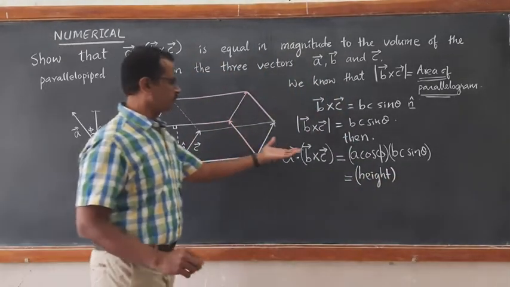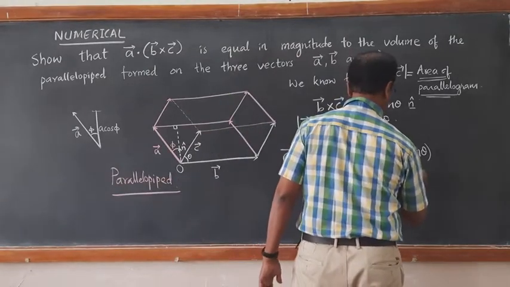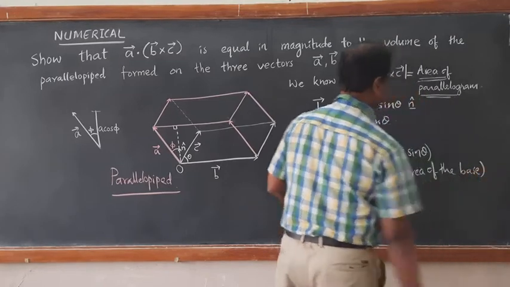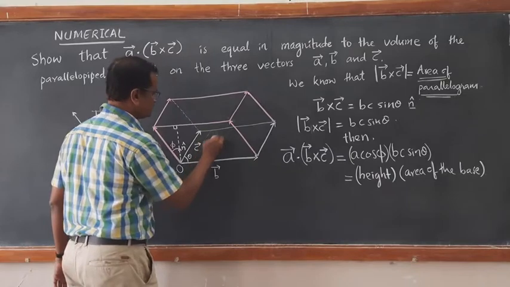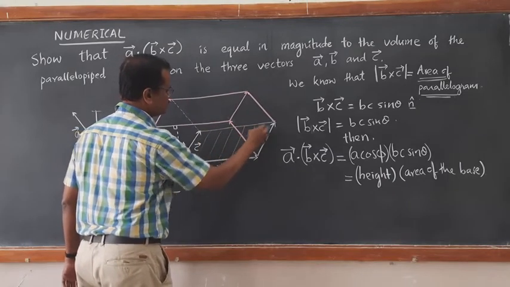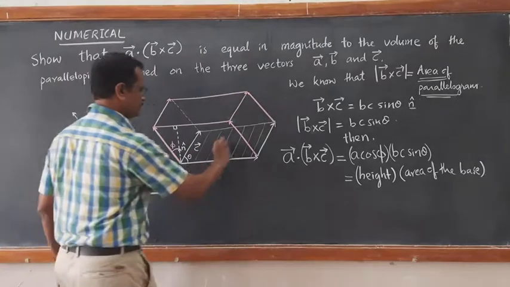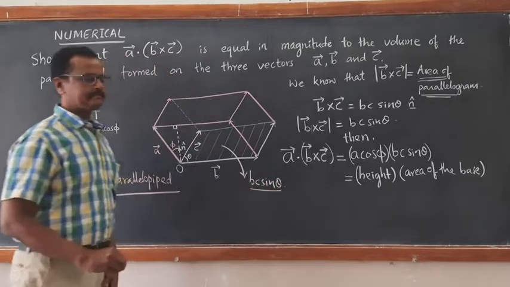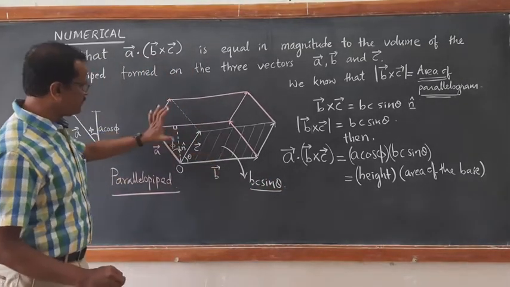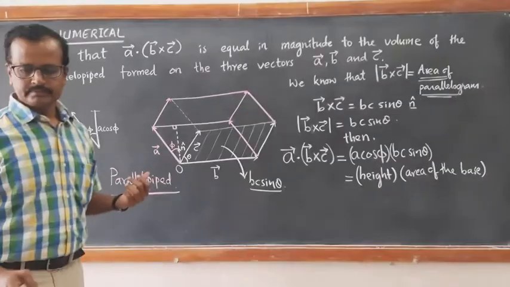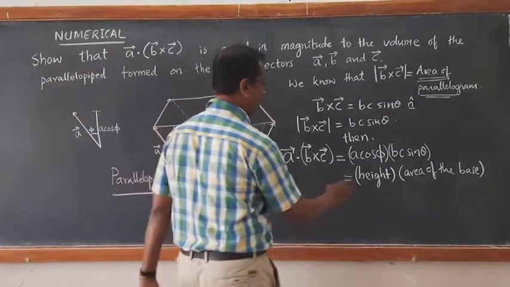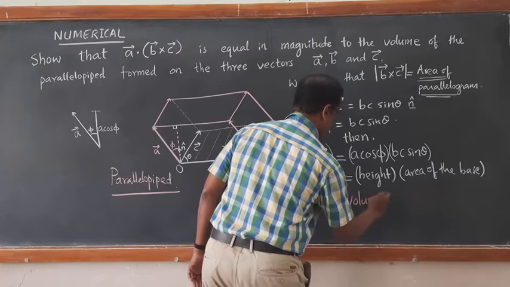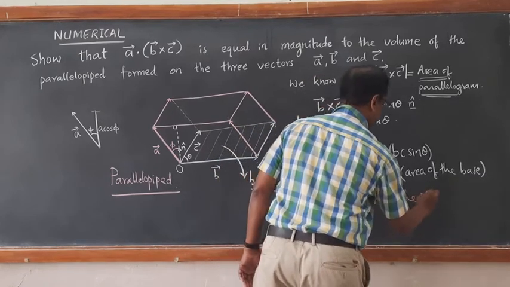And BC sin theta is the area of the base. So the area of the base multiplied by the height, thus gives us the volume of the parallelepiped.